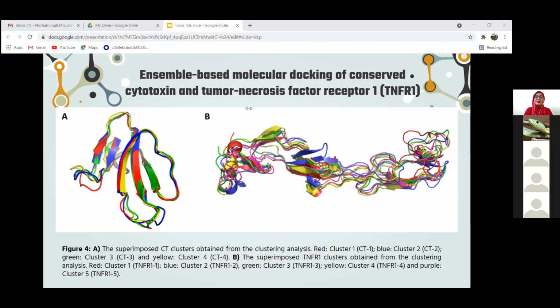So these clusters of CT and TNFR1 were subjected to molecular docking to select the best conformational ensemble, where they were selected based on the low head-up score, the low RMSD value, and also the low Z-score. So from all these 20 docking possibilities, we listed the best 3 conformational ensembles in the next slide.